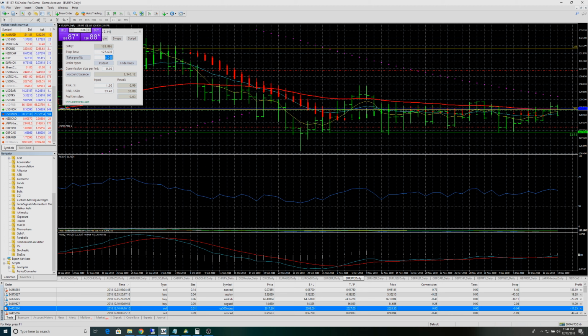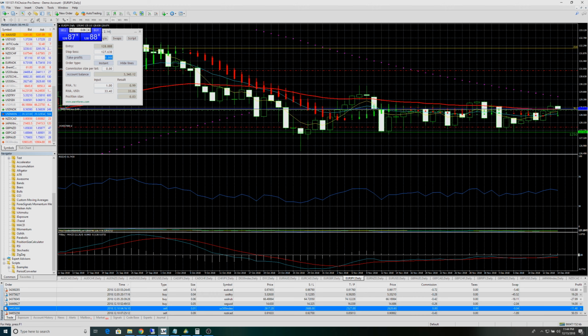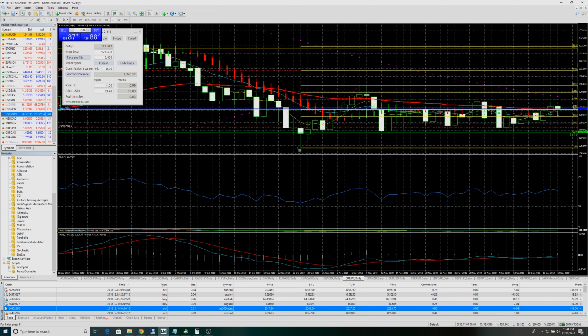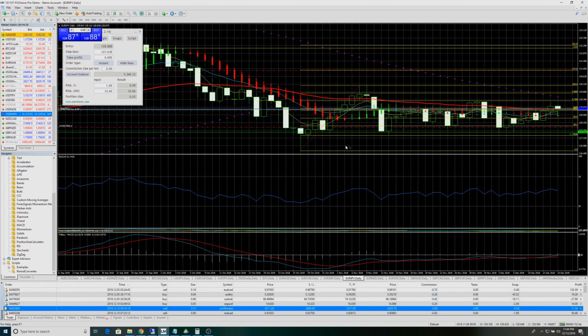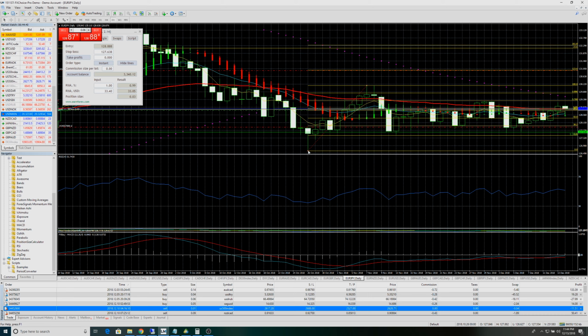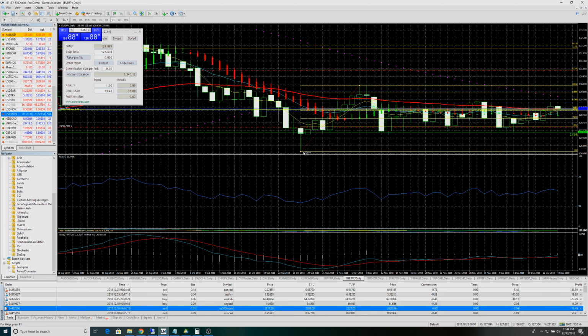It looks like it should be a 2-to-1 at least. Let's figure out if we can just throw a quick little retrace here. So that is, I'd say that's a good spot.